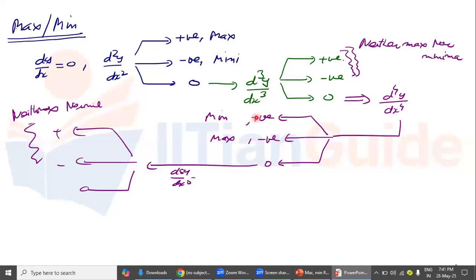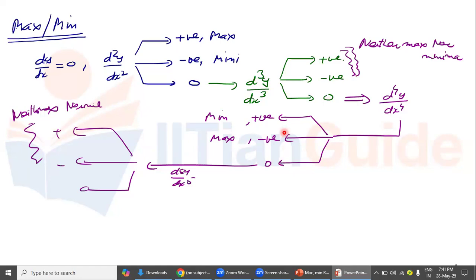Okay, the fourth derivative is positive, before that the third derivative is 0, the second derivative is 0, the first derivative is 0. If the first, second and third derivatives are 0 and the fourth derivative is positive, that is minima; if the fourth derivative is negative, then it is maximum. So the even derivative will decide maxima and minima, subject to the condition that all the previous derivatives, even or odd, are all 0.